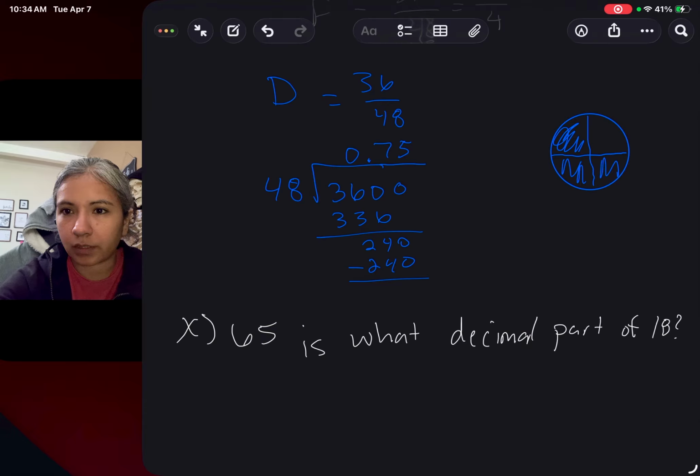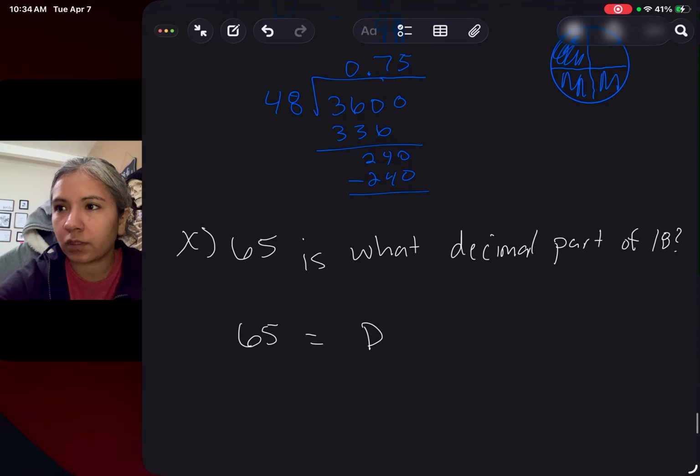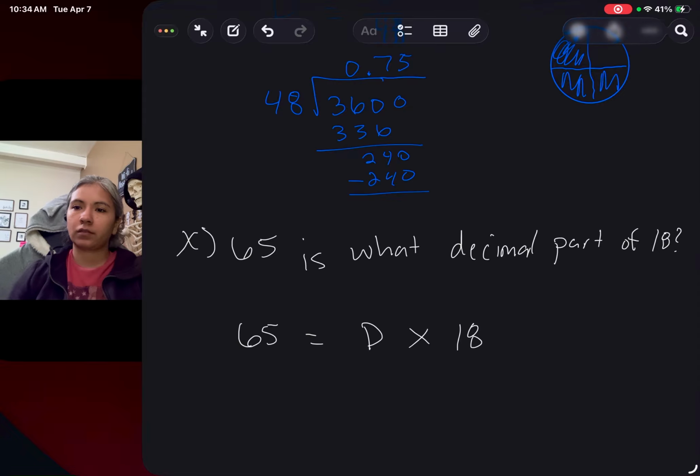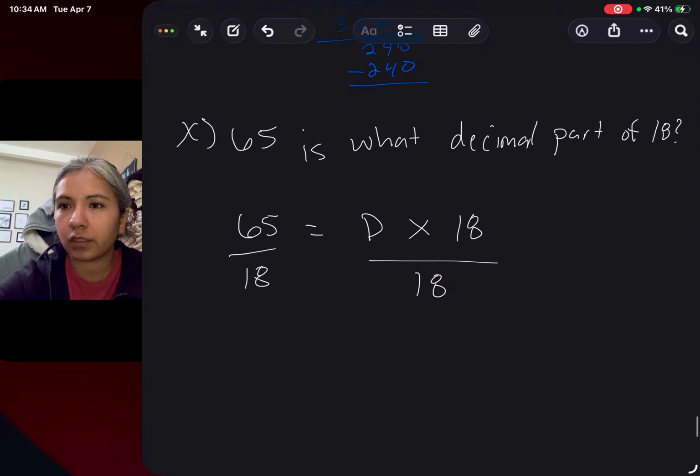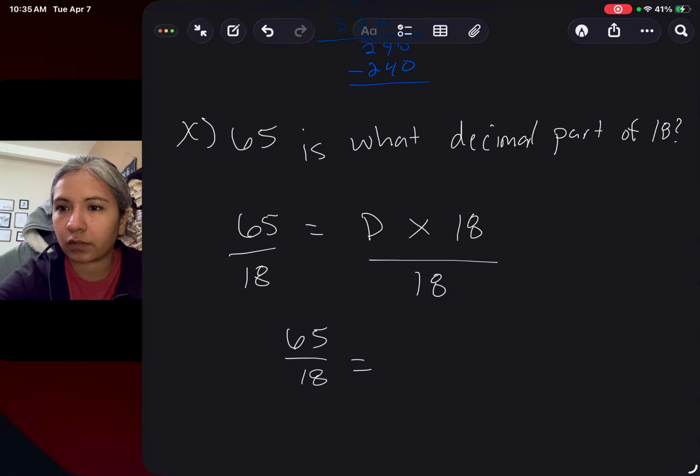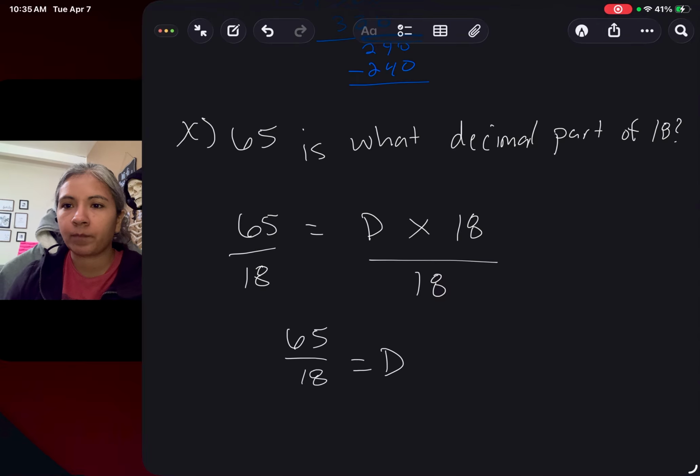We're going to translate this: 65 is our equals, what decimal part of is multiply, 18. Okay, so to balance the equation, let's divide both sides by 18. So 65 over 18 is our decimal part.